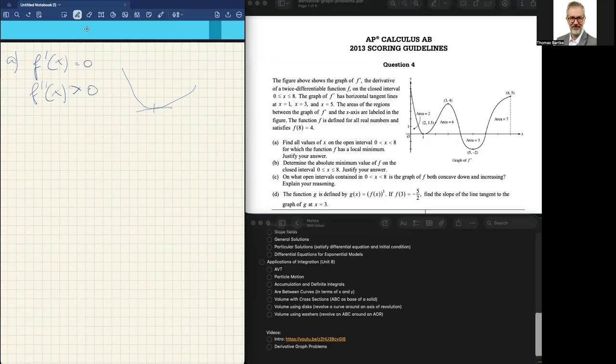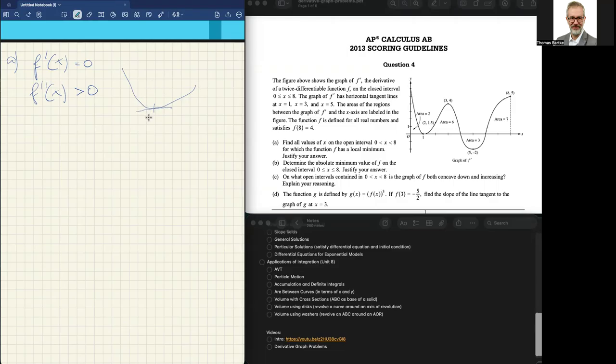Okay, concave up means it's greater than 0. And that way you would find a local minimum, right? Concave up means the point here at which f prime is 0, the tangent line is horizontal, is going to be at a low point of the concavity. So that's going to be the local minimum right here.